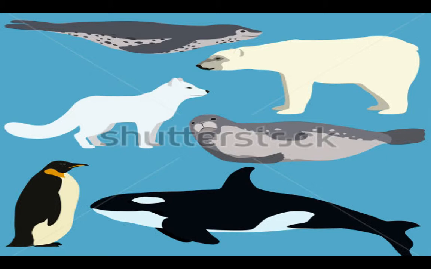Whales have that. Seals have that just to keep them warm. They have to have extra fat because fat keeps you warm. And penguins too. They have special feet that keep them from slipping around on the ice as well. So they have all adapted to their environment. They would not survive in a place like the rainforest or the Sahara because they're just not built for that. They're built to live in a cold climate.